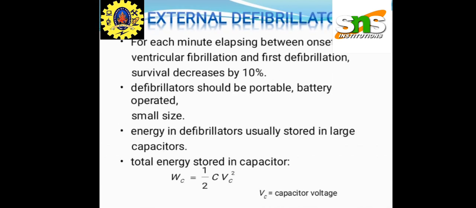For each minute elapsing between onset of ventricular fibrillation and first defibrillation, survival decreases by 10%. Defibrillator should be portable, battery operated, small size. Energy in defibrillators is usually stored in a large capacitor. Total energy stored in the capacitor, WC, equals 1/2 CV squared.